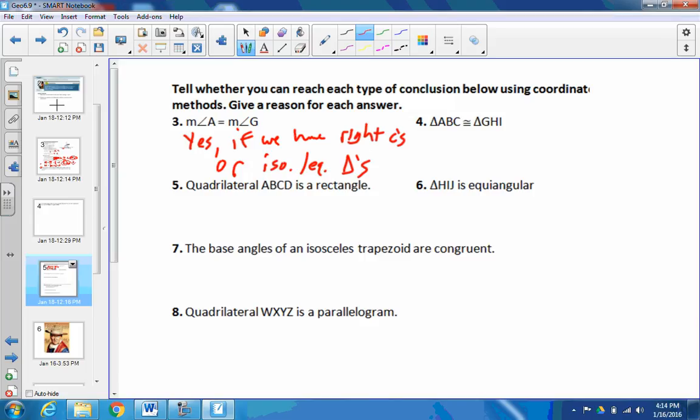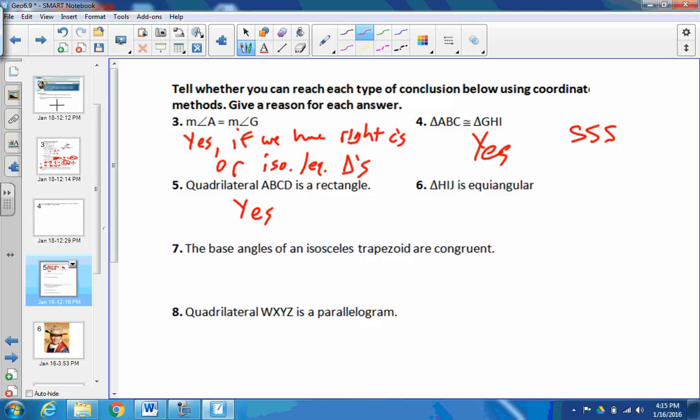Can we prove that two triangles are congruent? Yes, most certainly. There's all the different ways we can do side, angle, side. We can do side, side, side, especially side, side, side would be the most common way to do it with coordinates because we can find distances. How about number 5? Quadrilateral is a rectangle. Well, yes. We can prove that they have right angles if they're perpendicular.